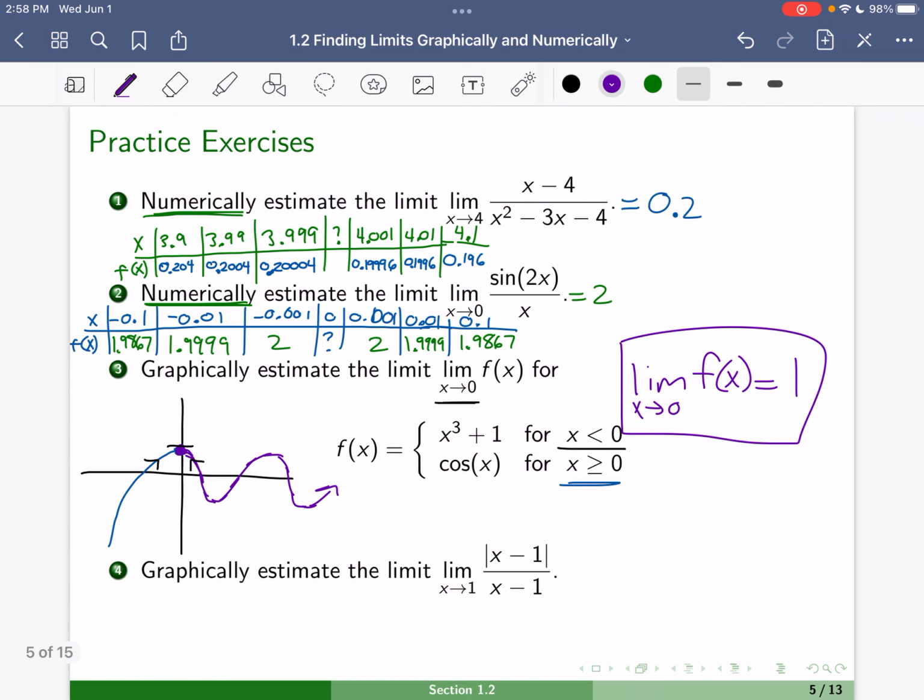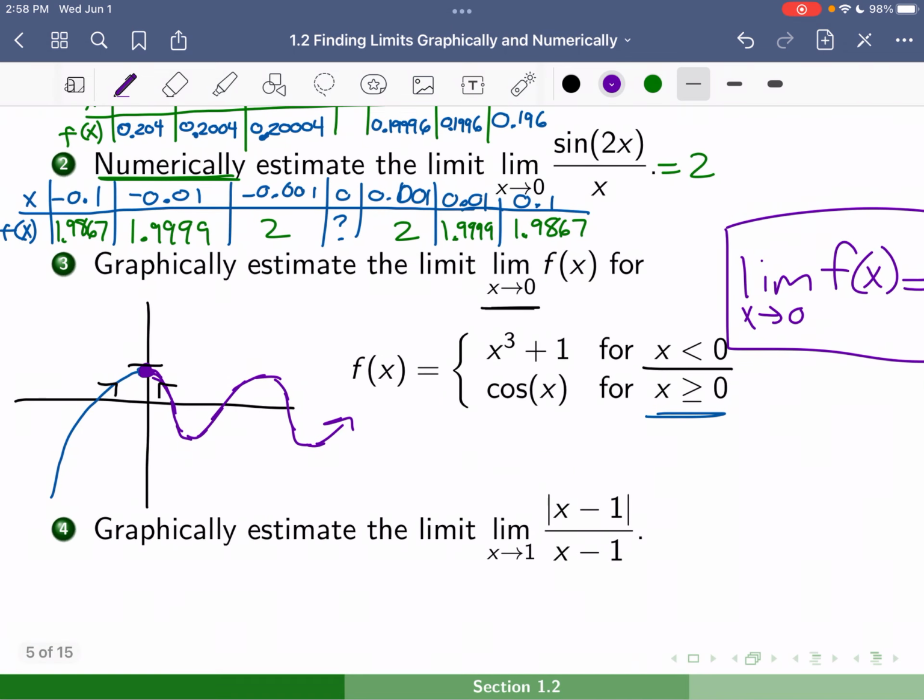And then finally, we have the limit as x approaches 1 of the absolute value of x minus 1 over x minus 1. If we were to draw that picture, we have our x value approaching 1.